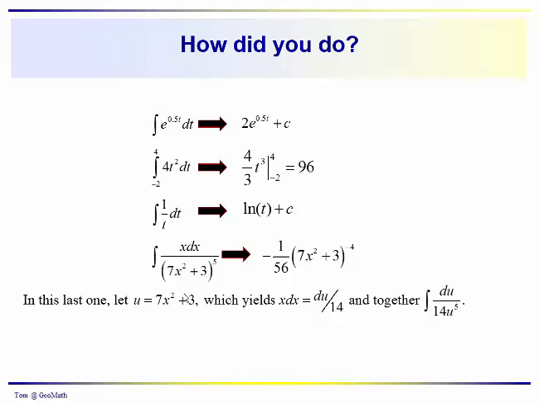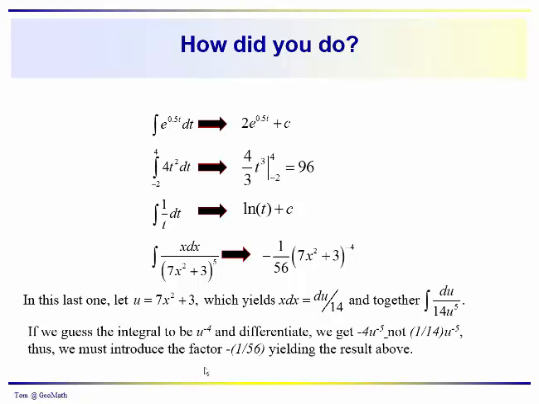Integration by substitution helps in this case. We can let u equal this quantity inside the parentheses, 7x squared plus 3. When we differentiate that and solve for x dx, we get that x dx is equal to du over 14. Using a substitution for u, we get the integral of du over 14u to the 5th.